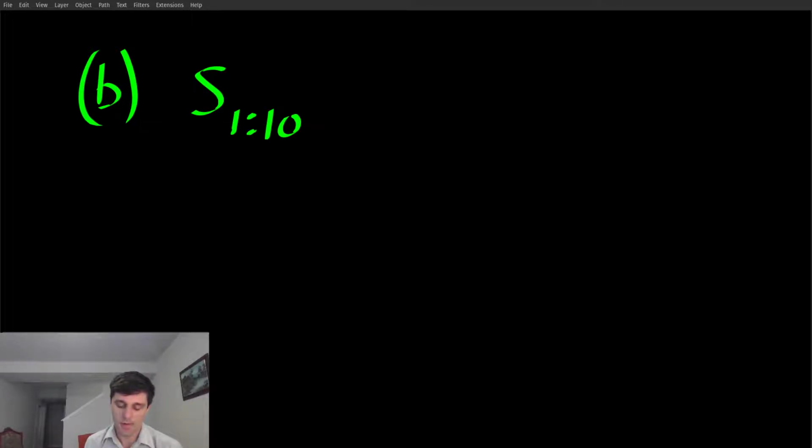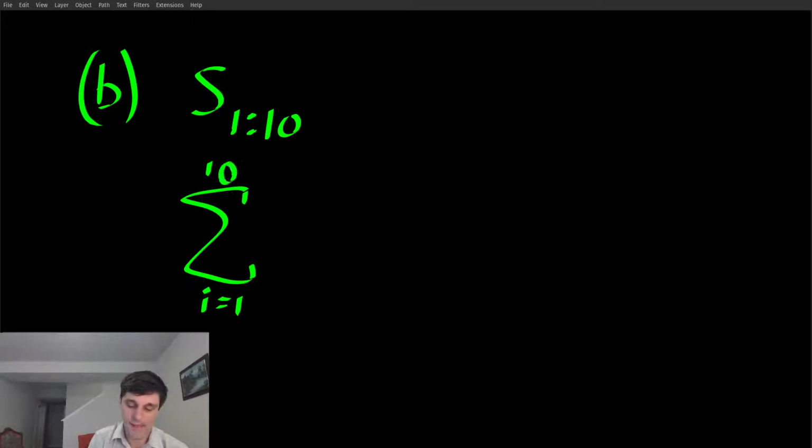So again, I could either do it with the inner product notation or just with a direct sum notation. I could write the sum from i equals 1 to 10 of S sub i equals 5.